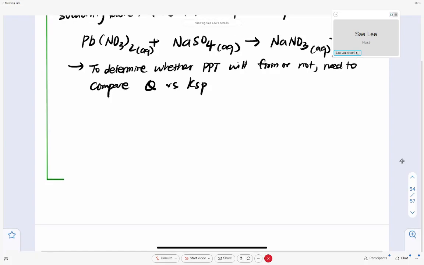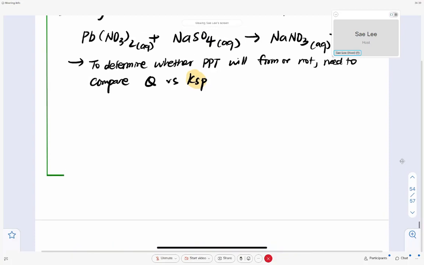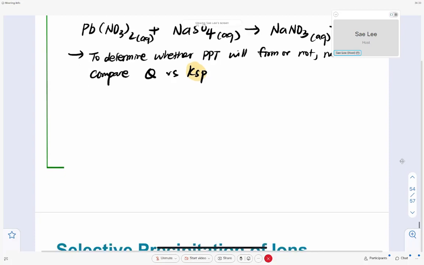So how do we find Q? We know the KSP value. How do we find Q? Although lead sulfate is an insoluble salt, a tiny, tiny bit of it will dissociate into these ions.